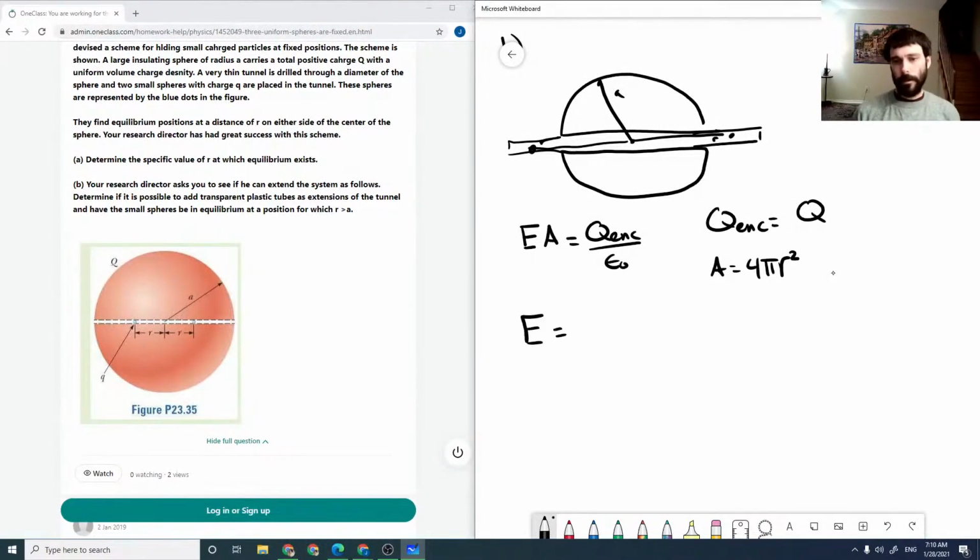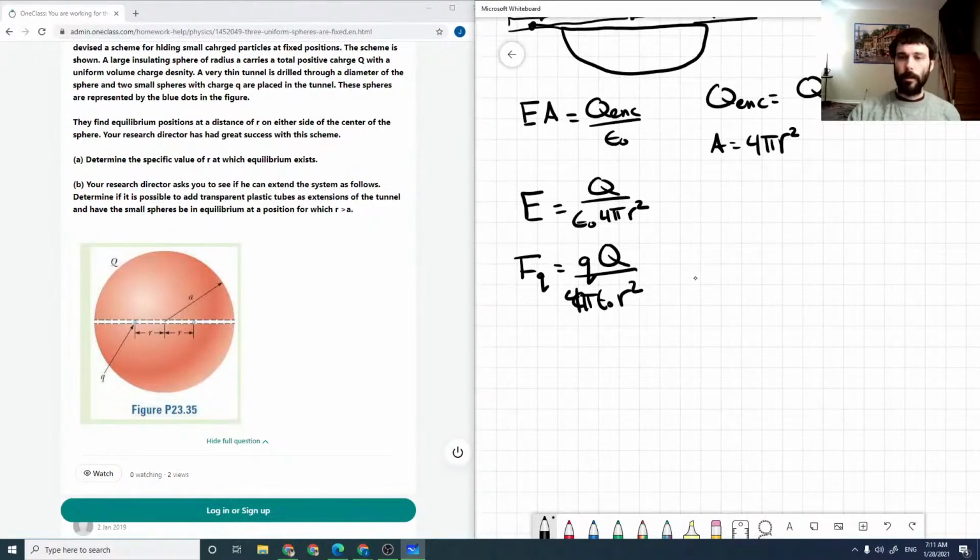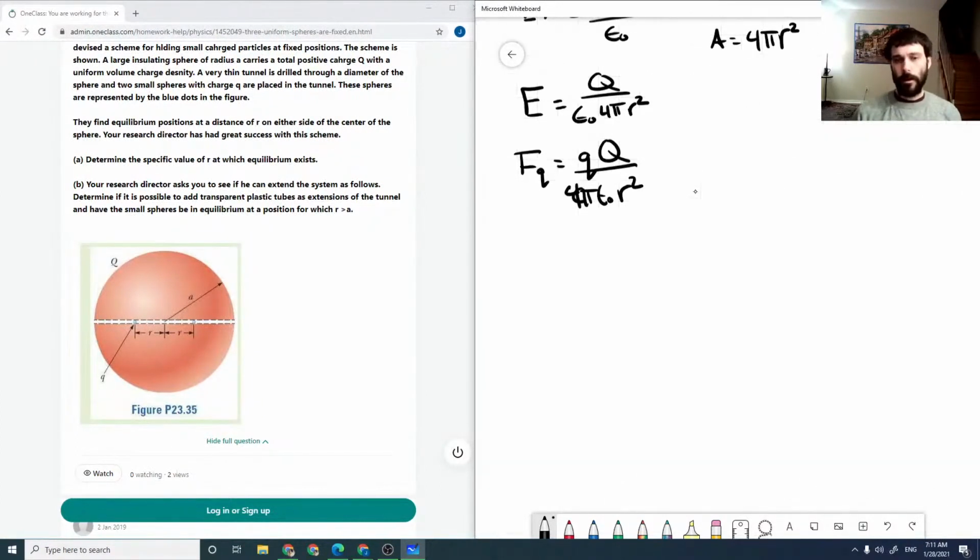So our E field is just Q over epsilon naught 4 pi r squared. And so our force on our particles is going to be Q q over 4 pi epsilon naught r squared. And our force between the two particles is still going to be q squared over 4 pi epsilon naught times 2r squared.